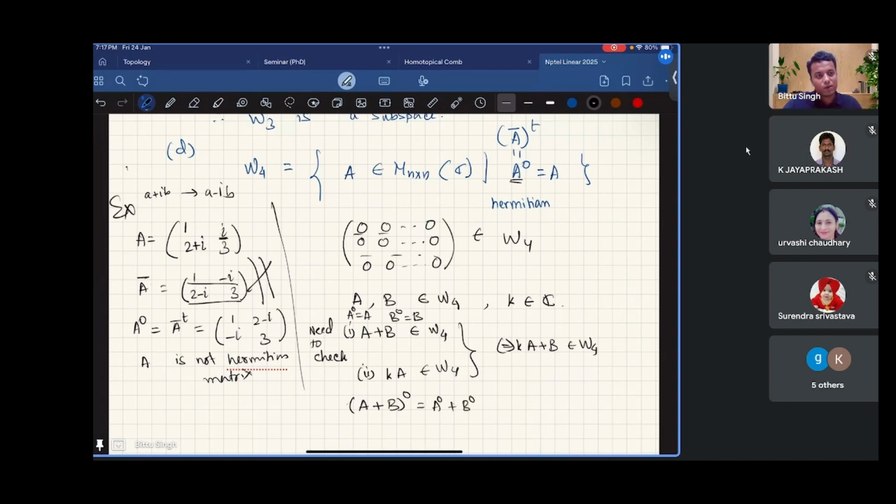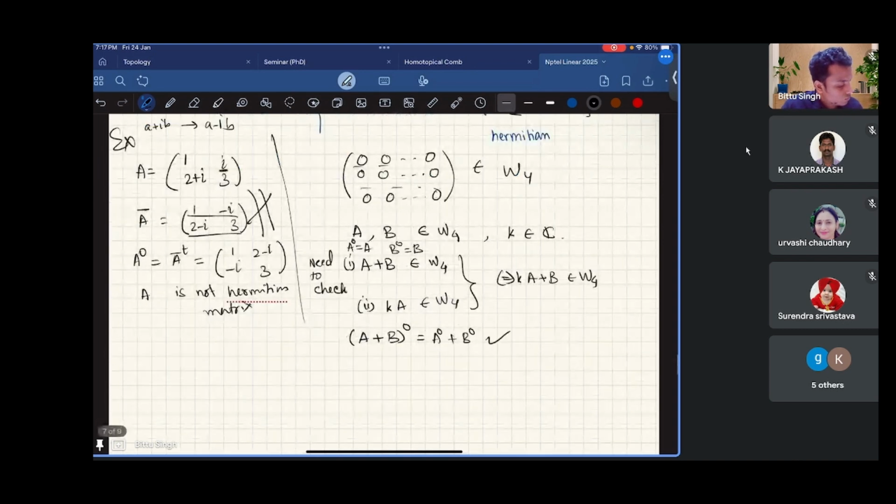It is easy to check because you just apply conjugation and do transpose. You can easily check this is true. It is same as applying individually and adding. So this is true. Now, closed under addition is clear.